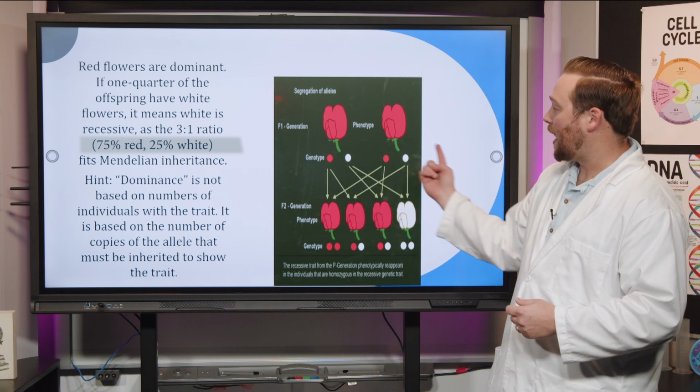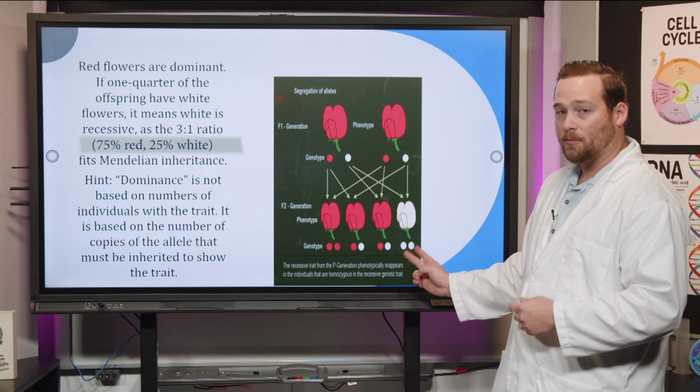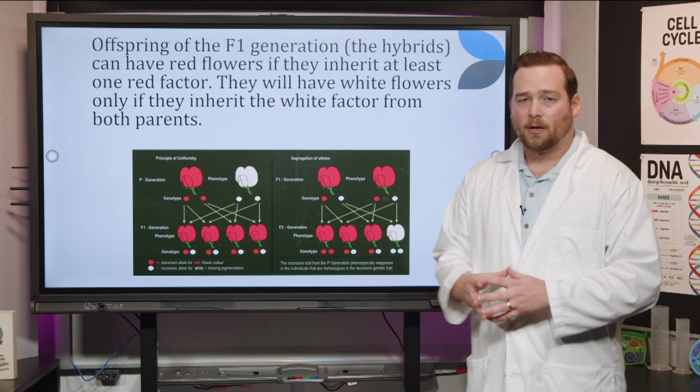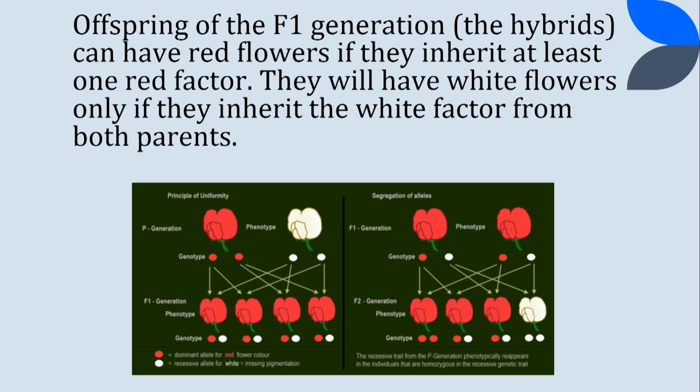Each parent has a white to give, and if you get both of them, then you show the recessive trait, okay? So what's happening now, so offspring of the F1 generation, the hybrids, can have red flowers if they inherit at least one red factor. They will have white flowers only if they inherit the white factor from both parents.